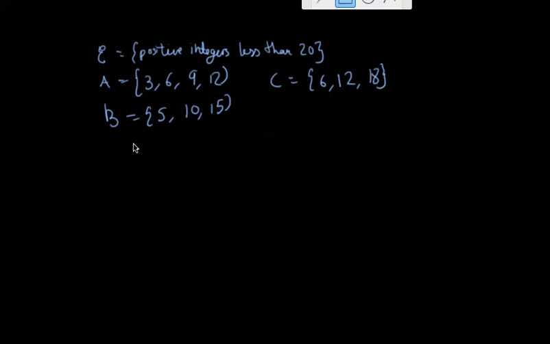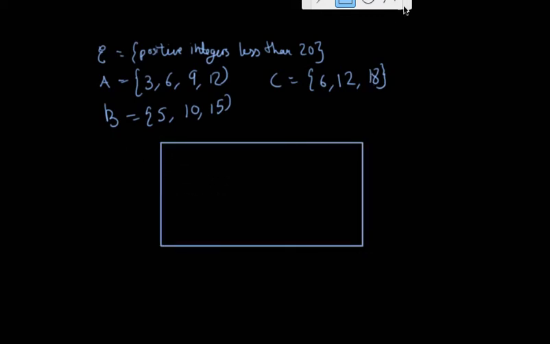So let's illustrate the sets with a Venn diagram. Let's begin with just putting in A and B. A is 3, 6, 9 and 12, and B is 5, 10 and 15. There's no overlap. So A is going to be over here and B is going to be over here.